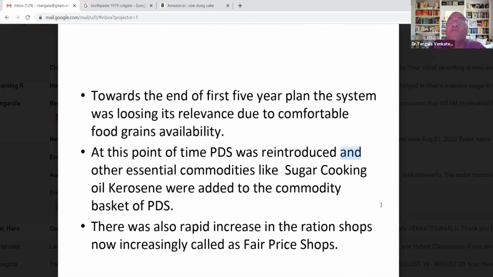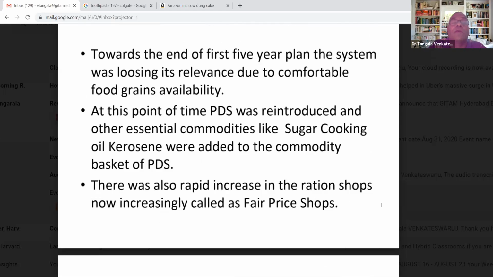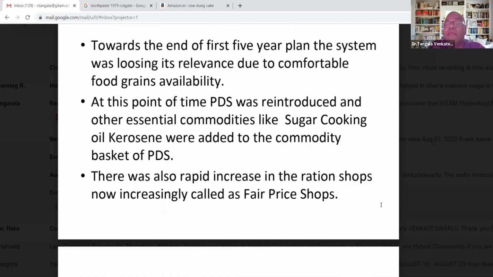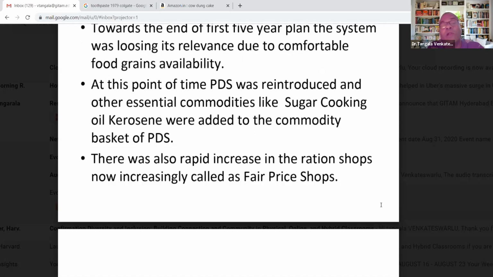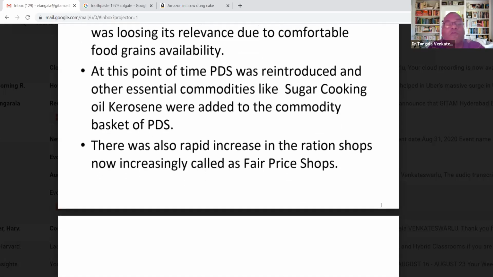Towards the end of the first five-year plan, the system was losing its relevance due to comfortable food grain availability. So PDS was again reintroduced because of inflationary pressures. What was initially sold was cooking oil, kerosene, sugar, rice. These were the products sold in ration shops or fair price shops.